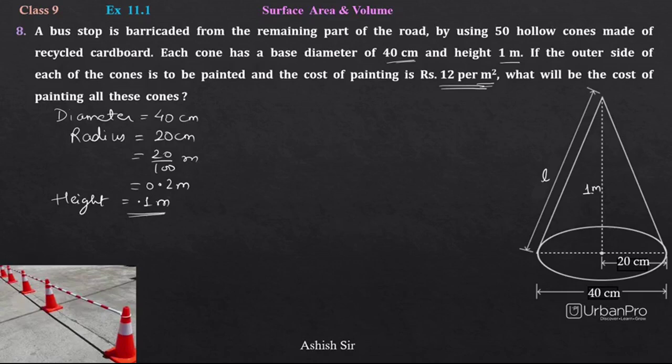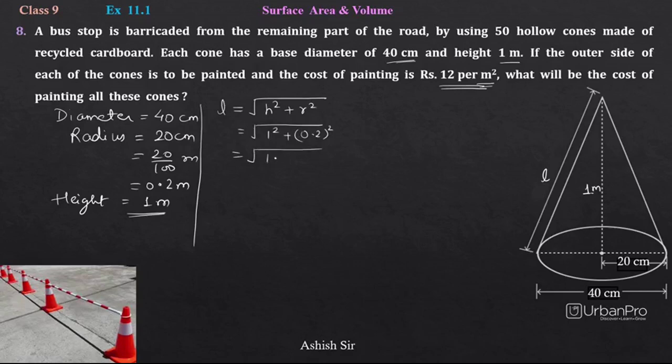Now we know that we need to find out the cost of painting, so we need to find out the CSA of the cone. To find out the CSA of the cone, we need to find out the slant height, which is not given. So the formula for l is the square root of h square plus r square. Now here h is 1 and radius is 0.2.